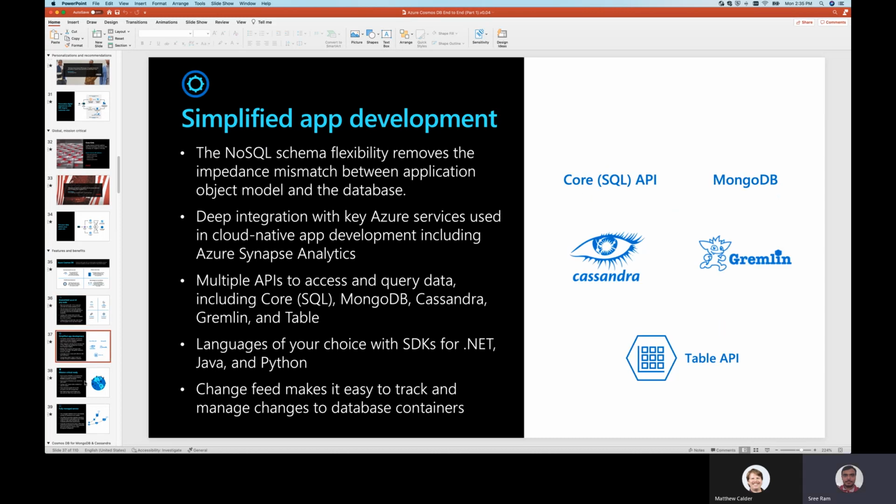So moving on to app development, we offer 5 different APIs. We offer a core API, which we call SQL API, wherein if you are starting your developments brand new, you will be spinning up your Cosmos DB account with core API.